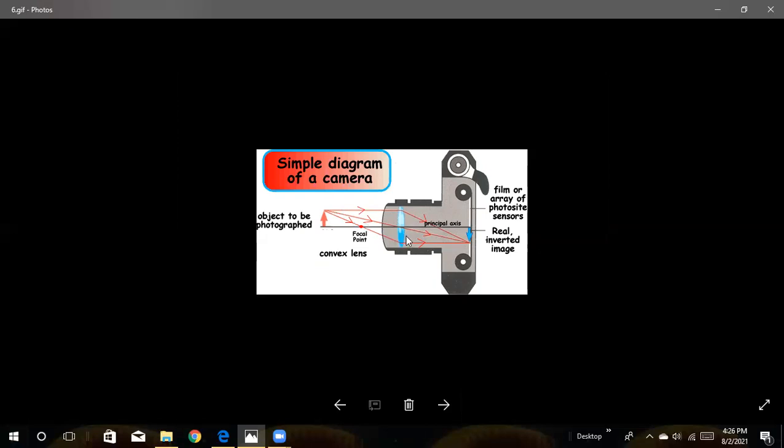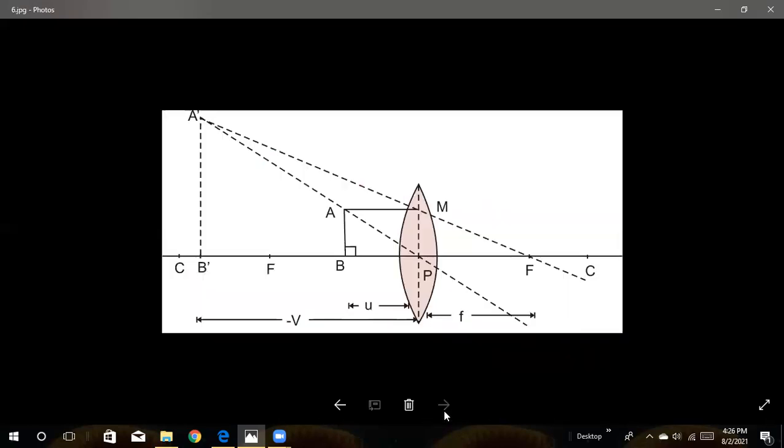These are the light rays and the convex lens. Right? Here is a simple microscope, the ray diagram of a simple microscope.